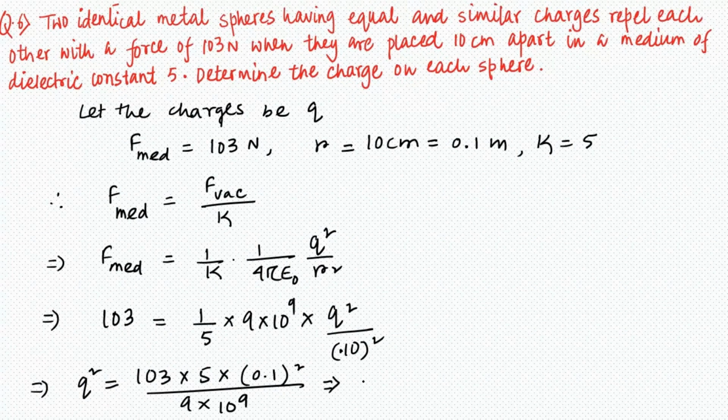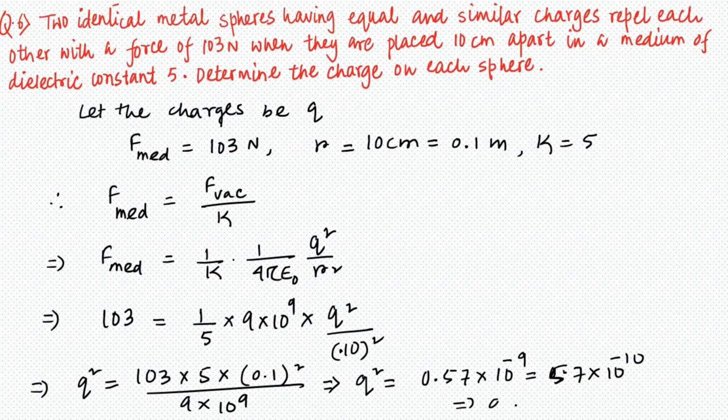So from here, q square is equal to, we'll be getting, 0.57 into 10 to the power minus 9, or 5.7 into 10 to the power minus 10.